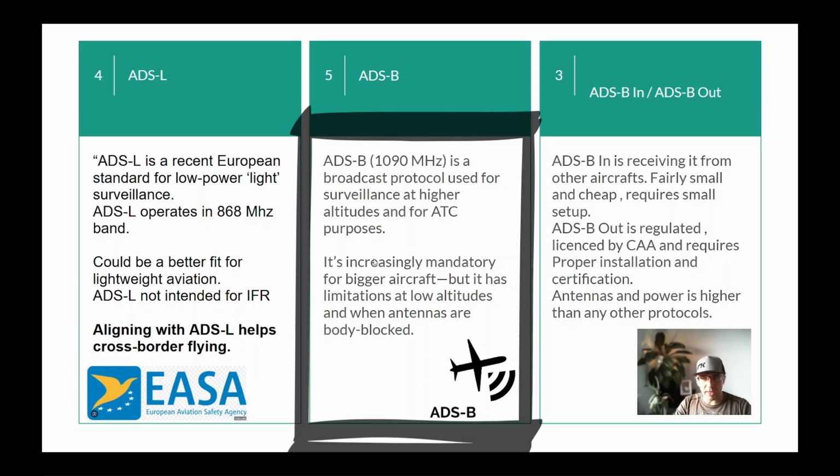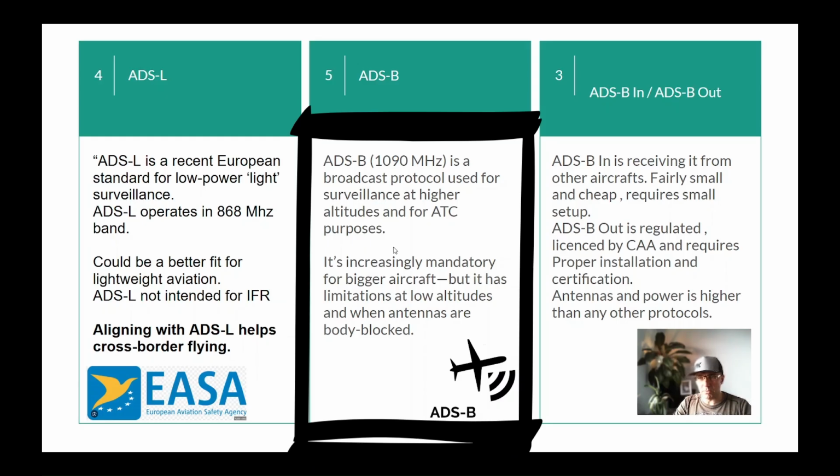ADS-B, on the other hand, is a system used for air traffic control and surveillance for large aircraft that tend to fly at higher altitudes. It is mandatory for those aircraft to use this system. It requires quite sophisticated antenna installation, and the power transmitted is 200 watts for large aircraft, which is considerably higher than the milliwatts we tend to operate with on the smaller devices we use.